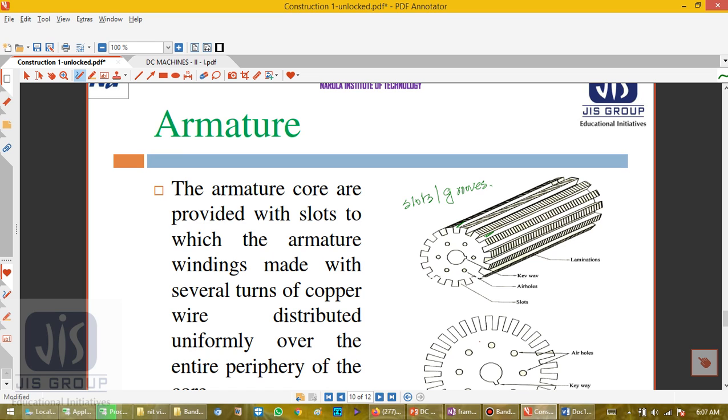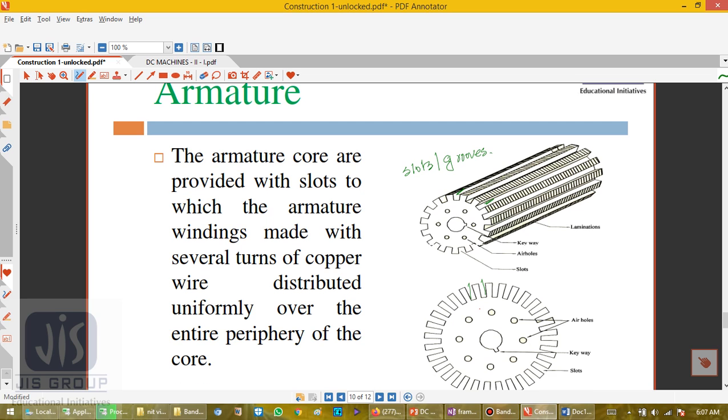These are the slots or grooves in the outer surface, and the laminations are insulated from each other and tightly clamped together. In small machines, laminations are keyed directly to the shaft, and in large machines they are mounted on a spider. The lamination is done to reduce eddy current.